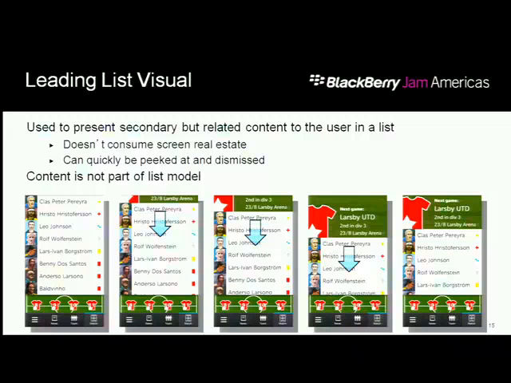But still, it's not more important than the actual formation and my team members. Using this tab bar, I can go into fixtures and actually see the next game. But if I use the leading list visual, I can incorporate this without consuming any screen real estate. And it's perfect for power users.